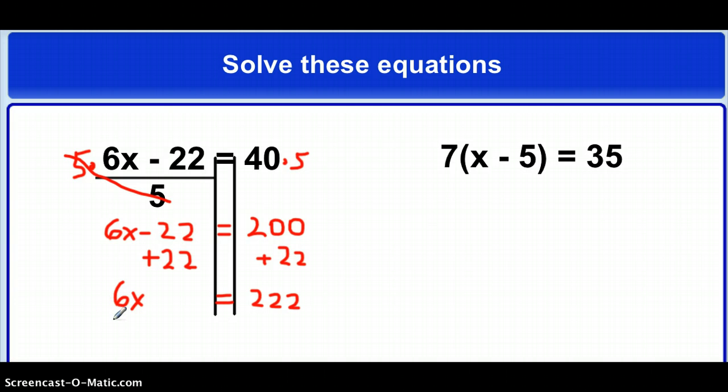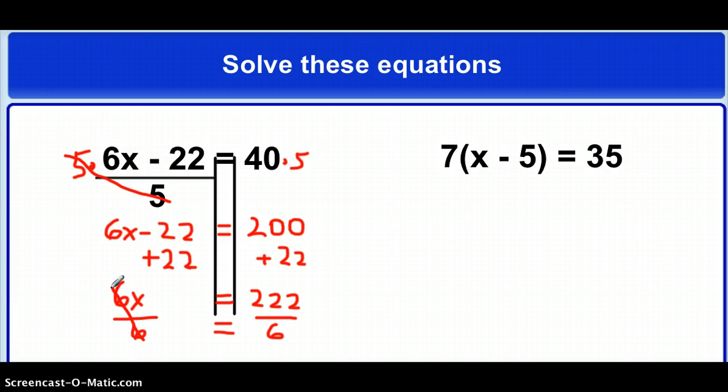So we can do it a lot of ways. We can make a fraction sign. We could do the division sign. And that's going to be equal to then 222 divided by 6. So now we can cancel these out because 6 on top and 6 on the bottom would just cancel each other out.